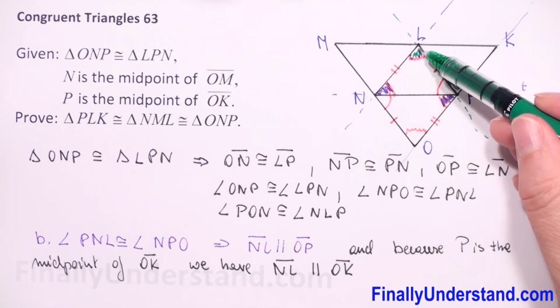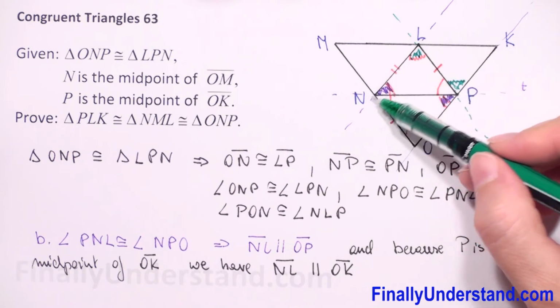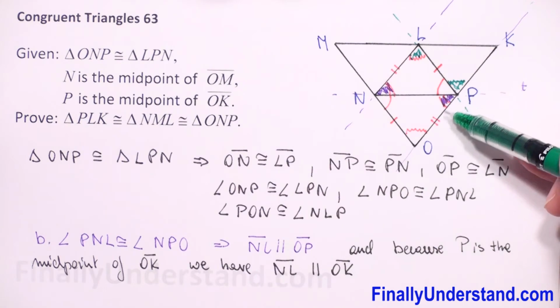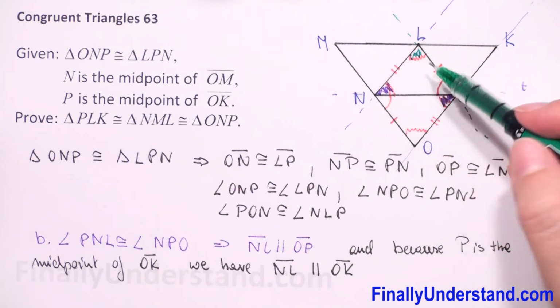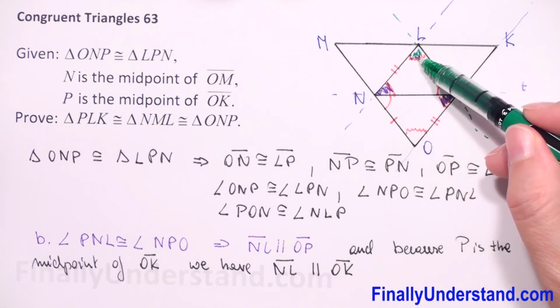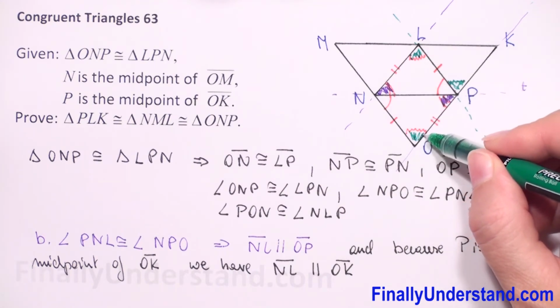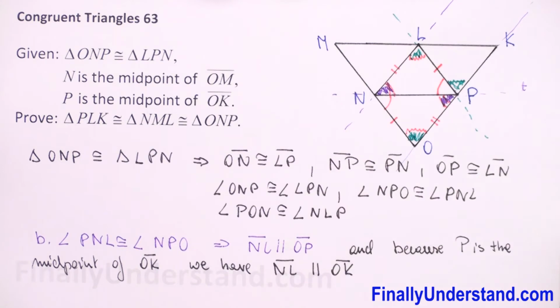So because angle MLP was congruent to PON, it means now that this angle is congruent to that. So we can put this green part.